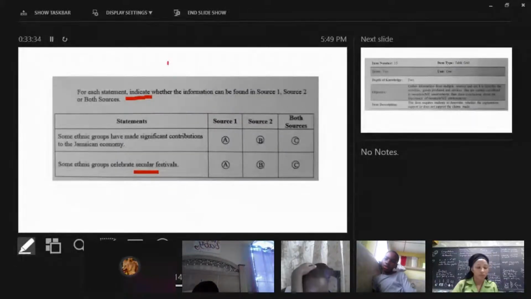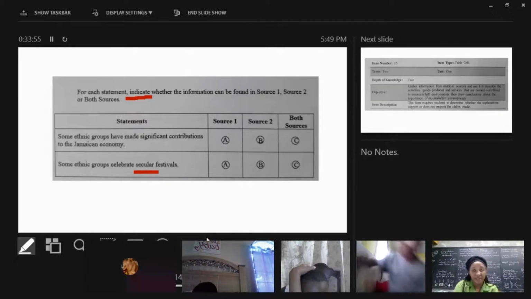What is a secular festival? Festivals that are not religious. So festivals that are not religious are secular. For example, Easter is a religious festival or a religious observation.